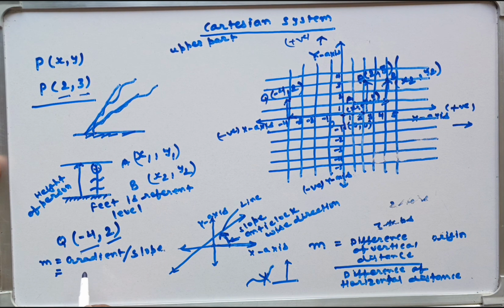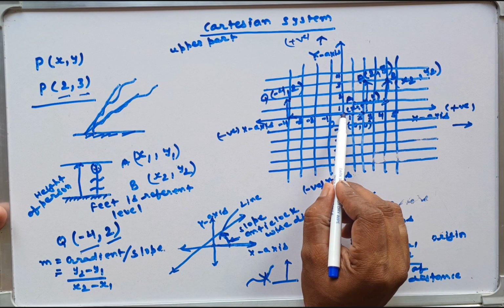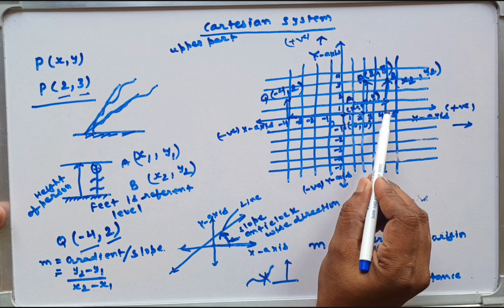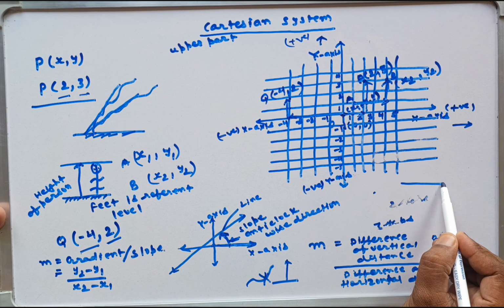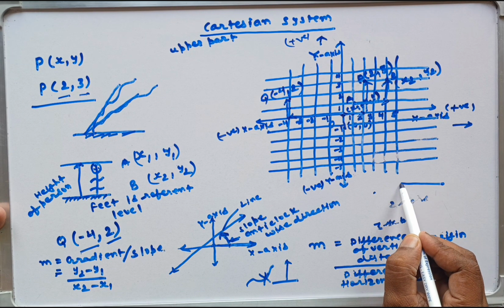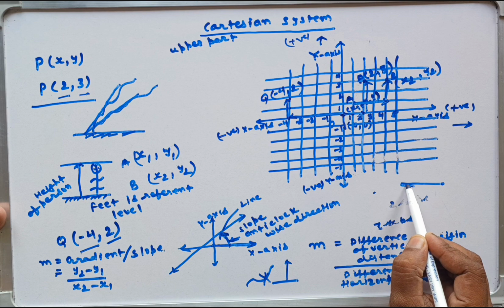In coordinate geometry we can write the gradient equal to y2 minus y1 divided by x2 minus x1. Guys, how could I write this one? See, this one is the origin. So for x2 we move like this, so we are coming here first, and again we are moving for x1 here.